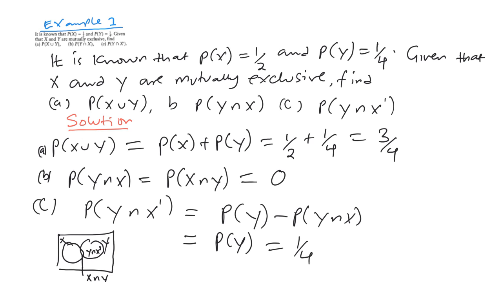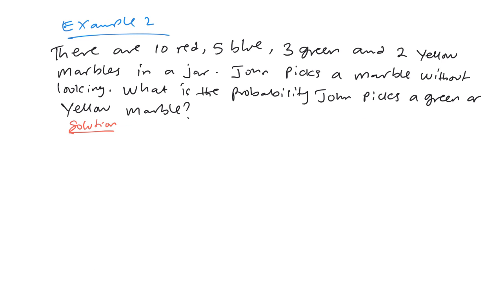Let's see another example. Let's look at the second example. There are 10 red, 5 blue, 3 green, and 2 yellow marbles in a jar. John picks a marble without looking. What's the probability John picks a green or a yellow marble?